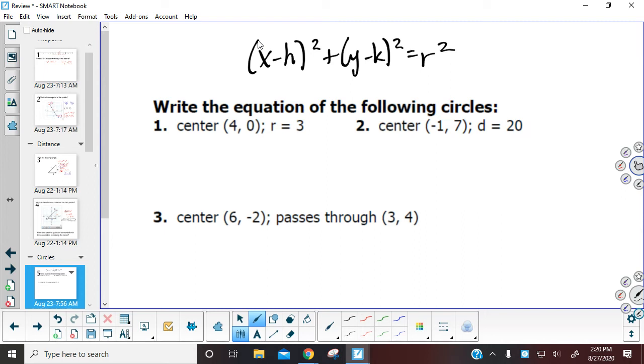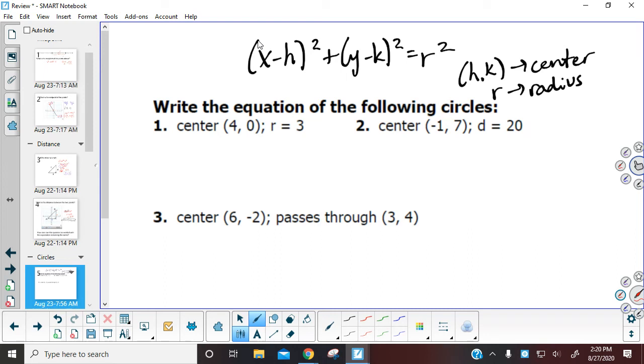So again, you notice you have the subtraction inside the parentheses, the squares outside, we're adding. It's all directly connected to your distance formula. So your h and k represent the center, and the r, since we're talking about a circle, represents the radius. So as we're looking at an example here, write the equation of the following circles.